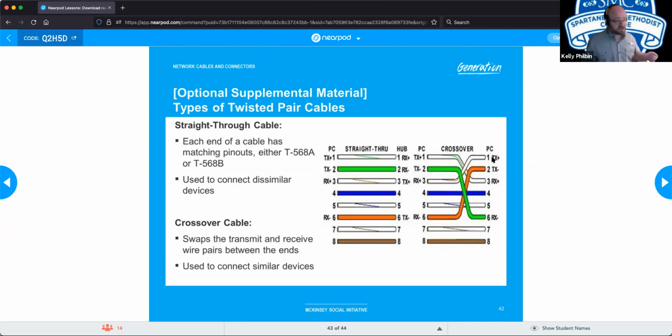So you can actually take a crossover cable and plug your laptop into your coworker's laptop since you're sitting right next to each other, and then you can share files between each other. If you have just a straight network cable, you wouldn't be able to do that. They wouldn't be able to see each other. It wouldn't work. You would need something in between, like a hub or a switch, to facilitate that conversation.